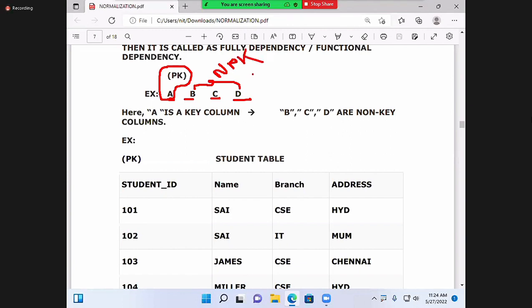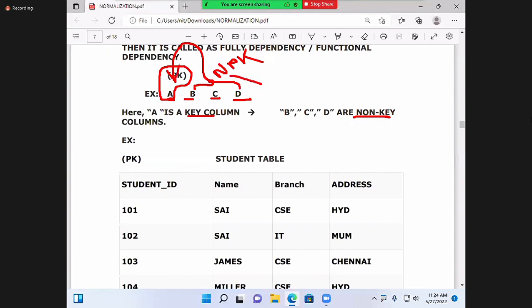These are non-primary key columns and this is the primary key column, right? So here I have given A as the primary key column, meaning the key column, and B, C, D are non-key columns. Then what I'm saying here is that these B, C, D columns depend on the primary key column.